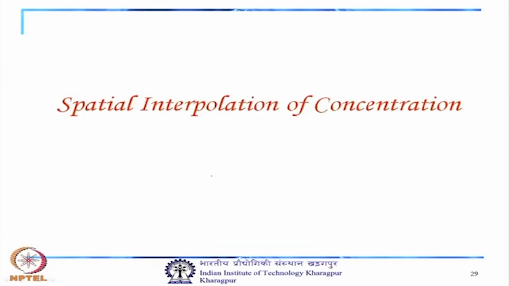So, spatial interpolation of concentration is important, because we can have monitoring information for only some selected locations. For other locations we can get an estimate of the concentration using some kind of spatial interpolation technique.